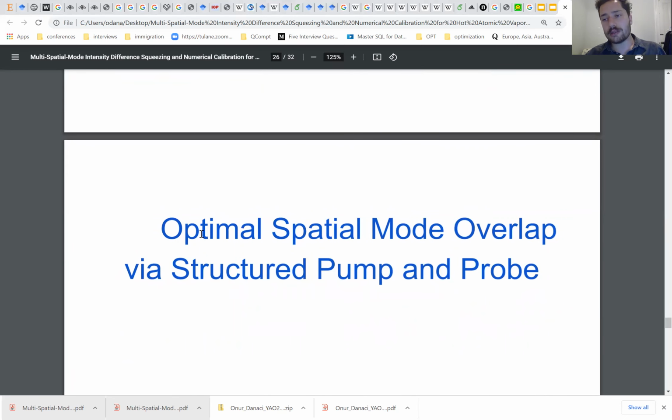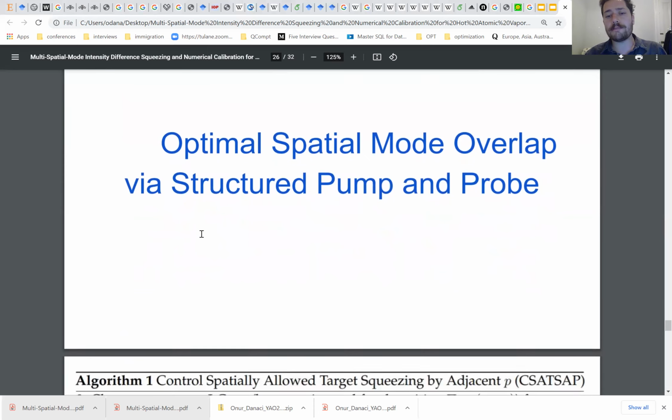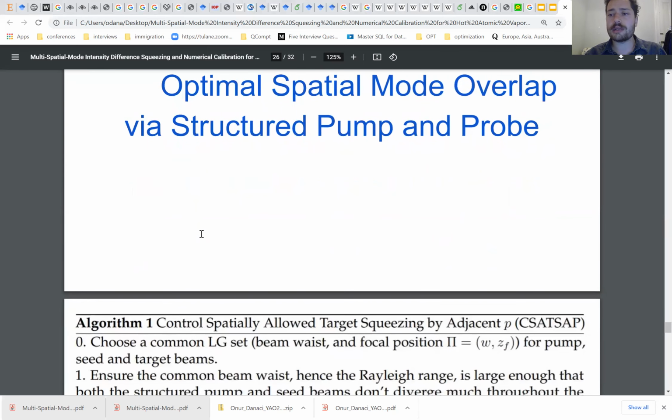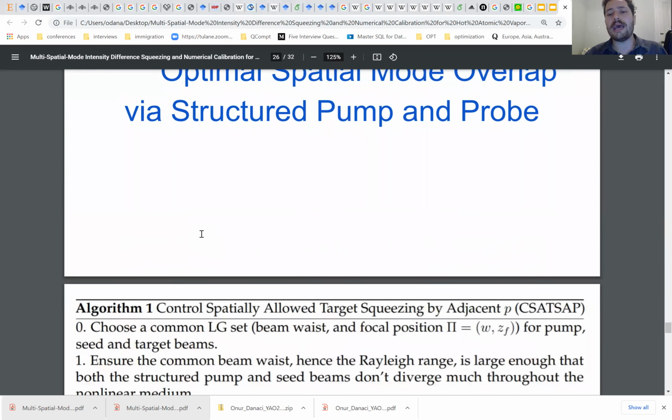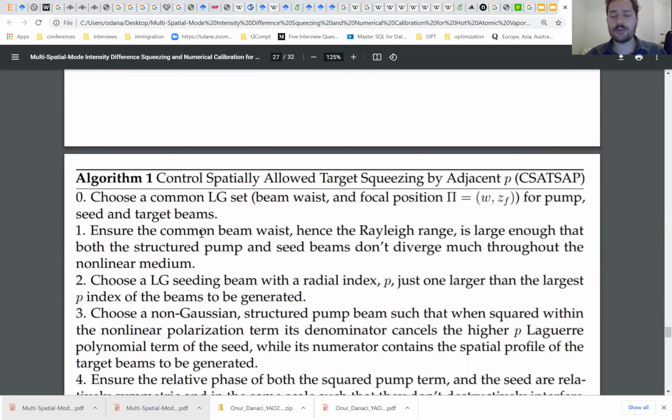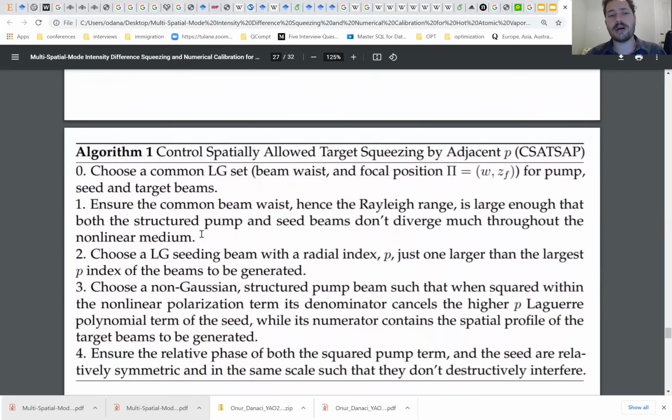So we use those experiments to get a fitting parameter for our numerical calibration, and having got that, we use this to optimize these quantum experiments by a sort of algorithm.